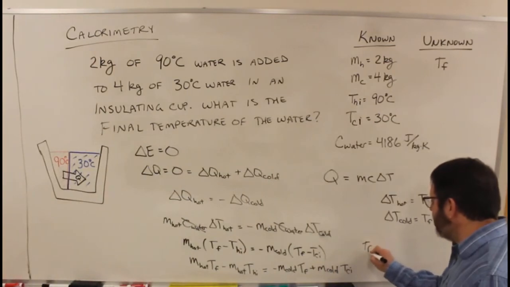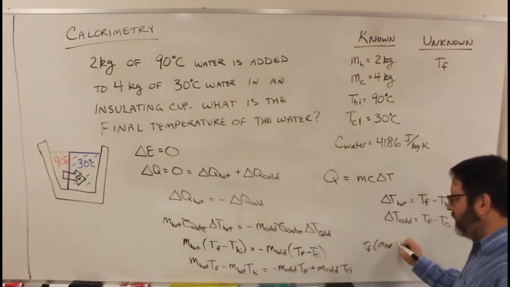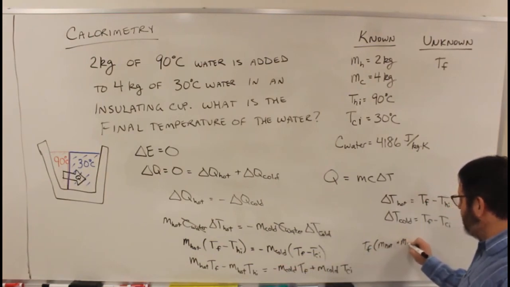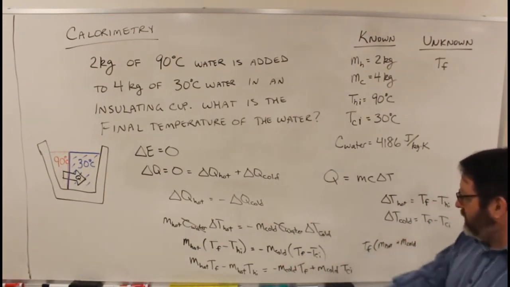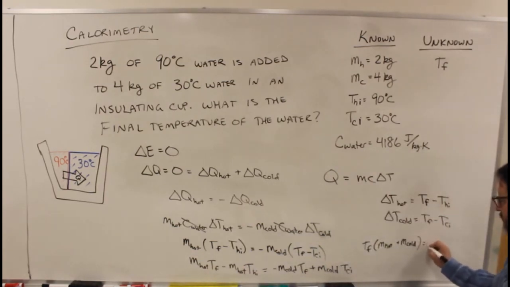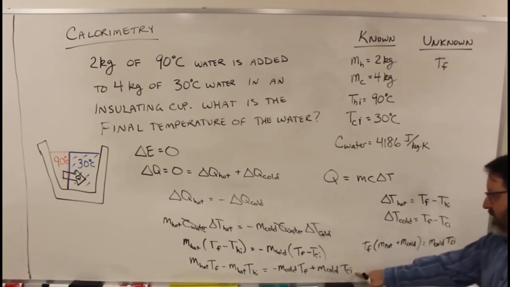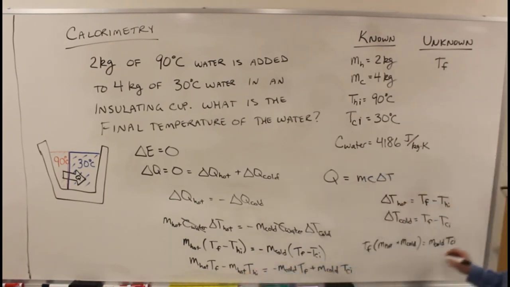So that would be T final times m hot plus m cold, moving this over, equals m cold T cold initial, that's this piece, and then moving this over, plus m hot T hot initial.